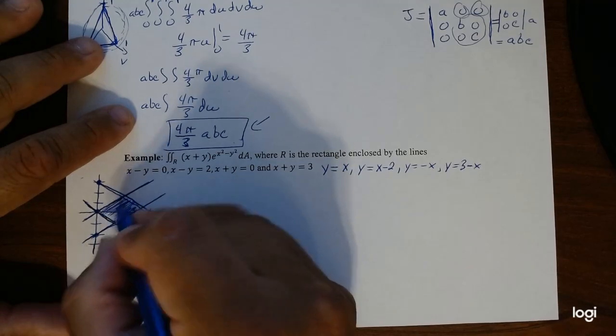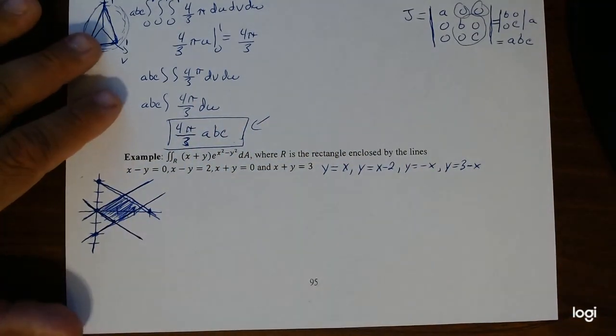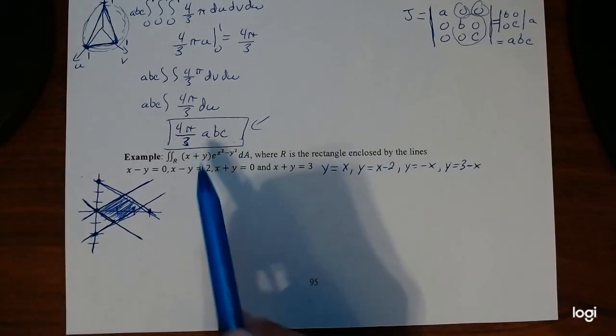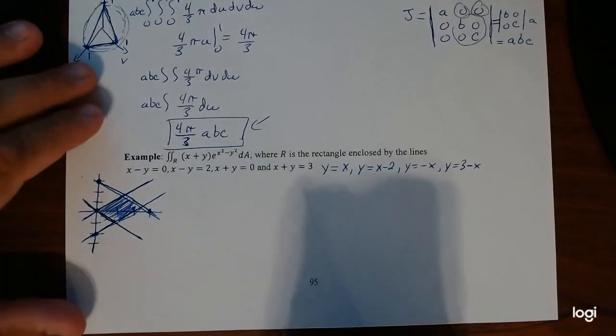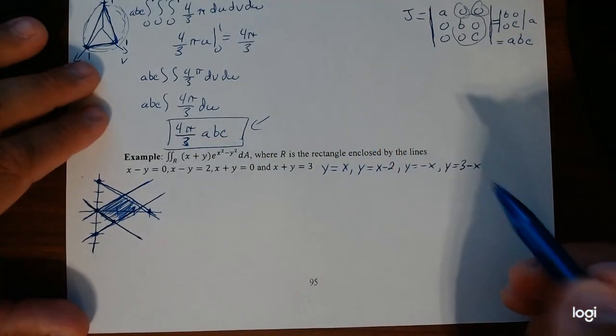So this is the region R, and we're taking the integral of this over this region, which is a pain to deal with from there, right? So when we do this change of variables, because this is going to be a pain to integrate normally, we get to choose what u and v are going to be.